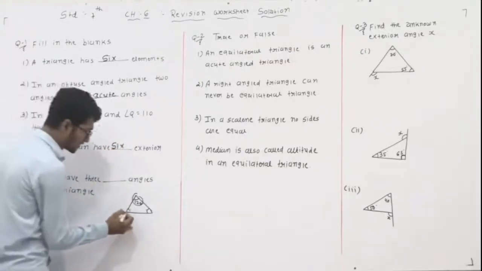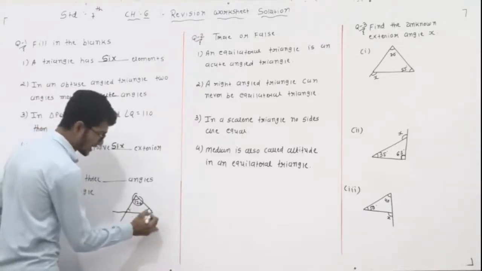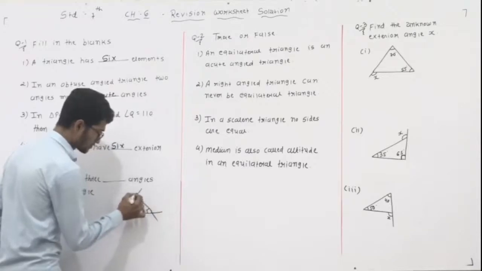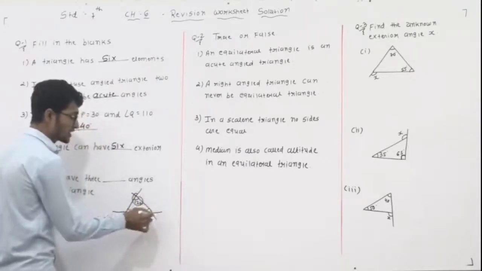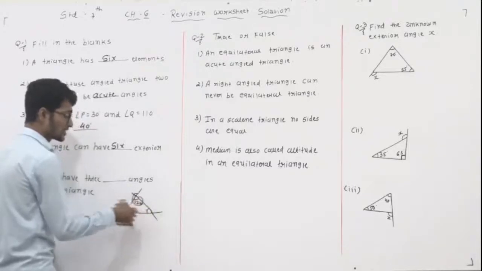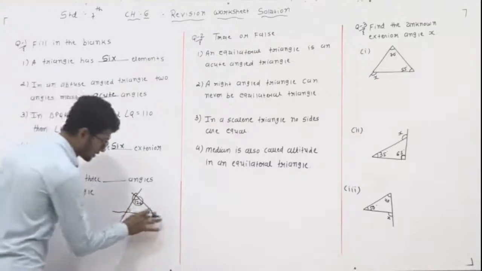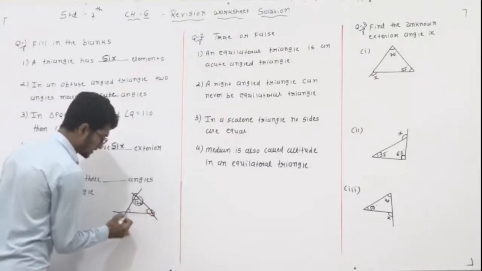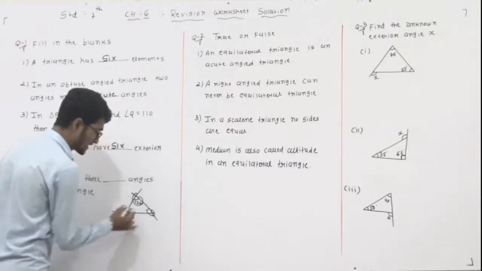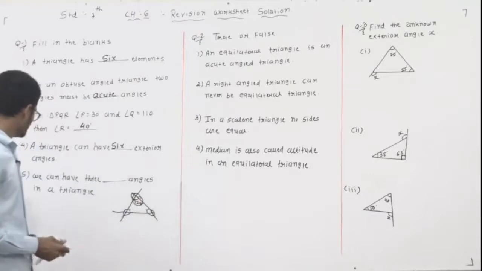Suppose this is my third side, we have to extend it on this side, and this is the exterior angle. See here, one angle, same on this side, same on this side, here also and here also. So the total is 6 exterior angles.